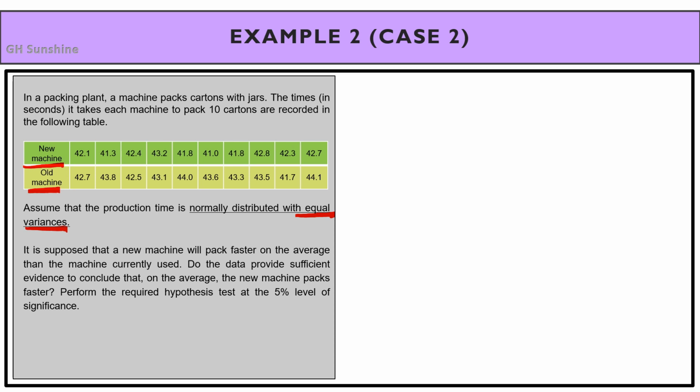It is supposed that a new machine will pack faster on the average than the machine currently used. Do the data provide sufficient evidence to conclude that on the average the new machine packs faster? Perform the required hypothesis test at the 5% level of significance.